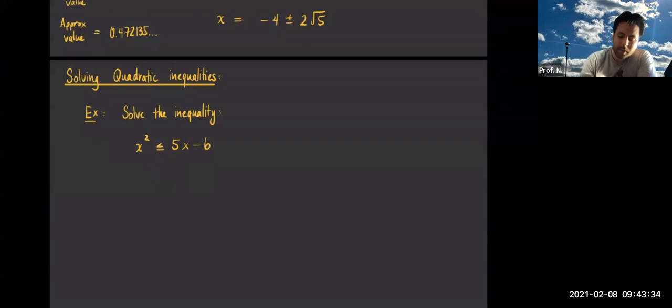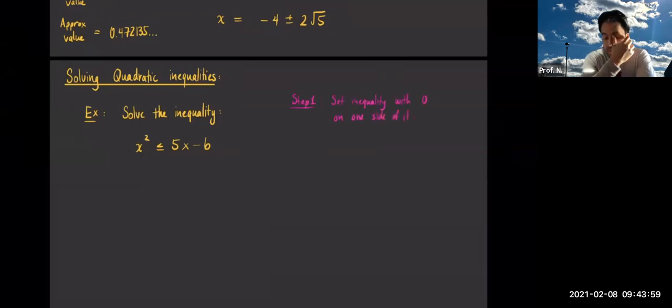So how do we go about doing this? Well, step one is pretty much the same as the previous steps that we've done. Set the inequality with 0 on one side of it.